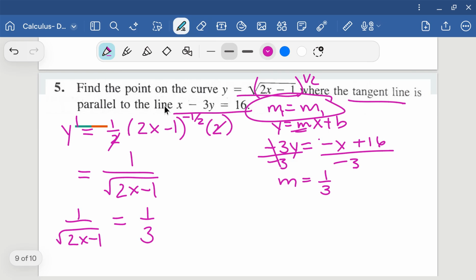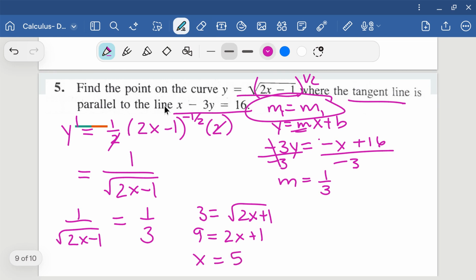So let's do that. We'll get 3 equals the root of 2x minus 1. Square both sides, you'll get 9 equals 2x minus 1. And then solve for x. Move the 1 over, divide by 2.